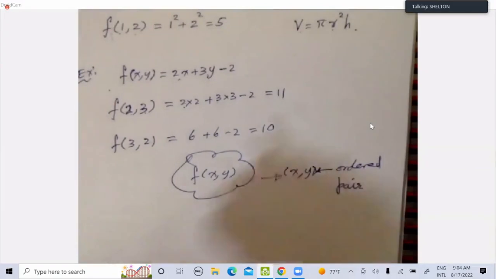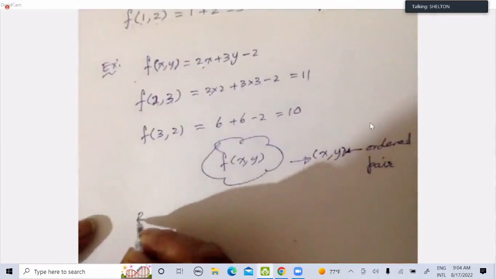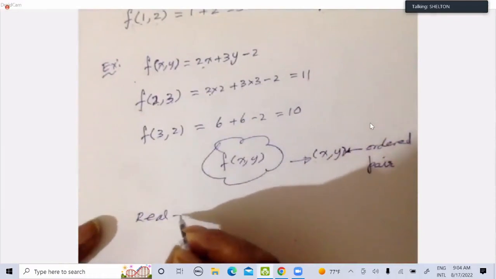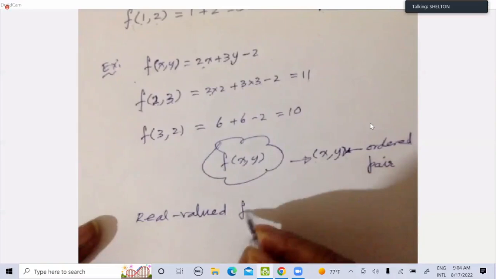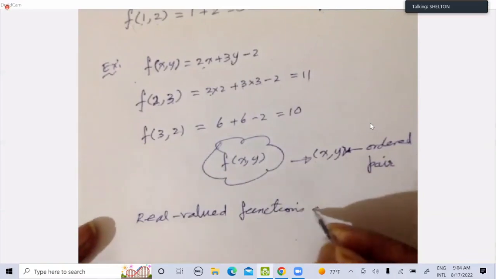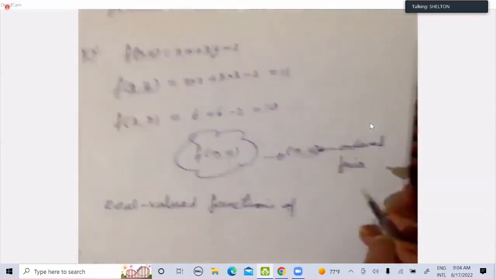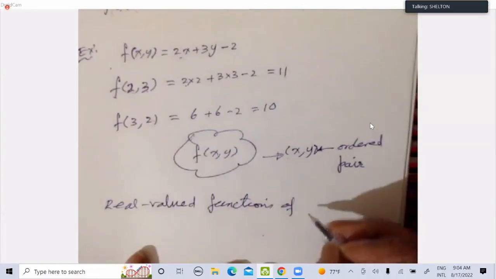So we say real valued functions of two variables.